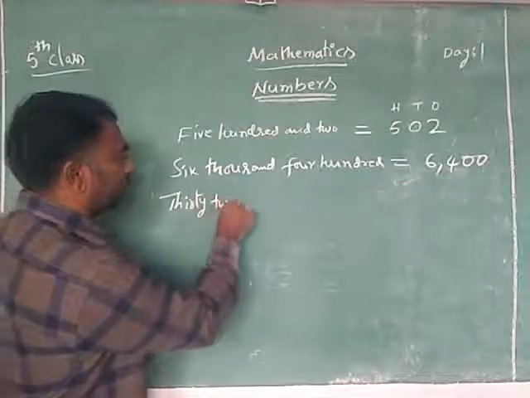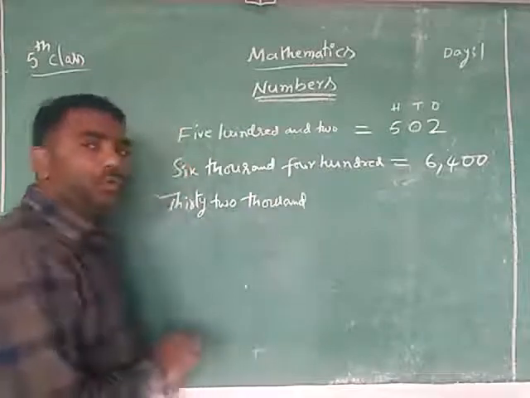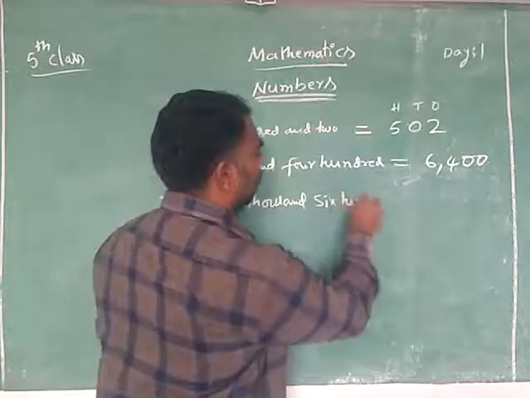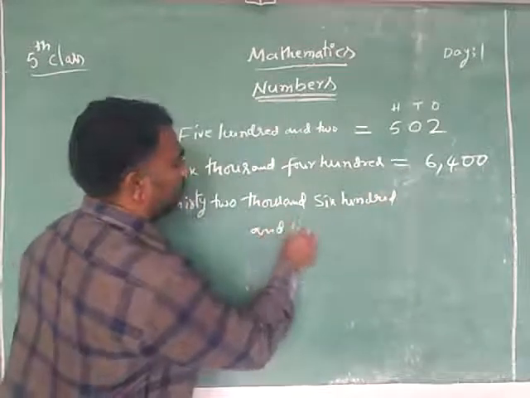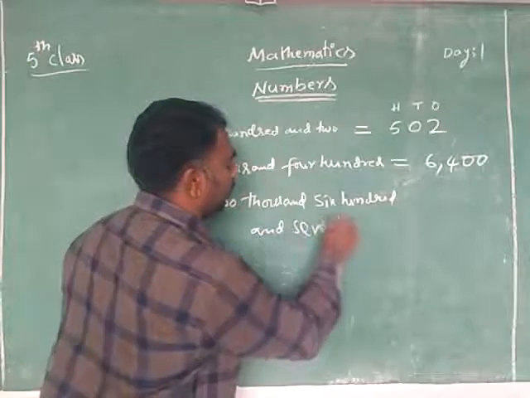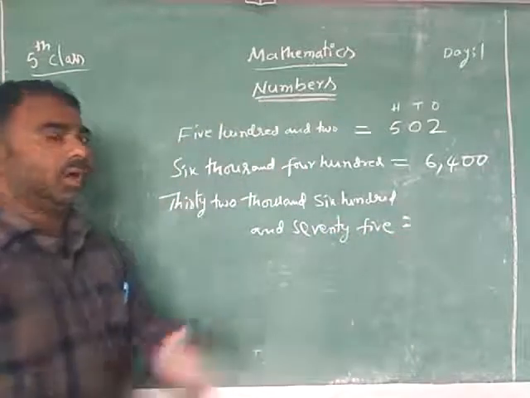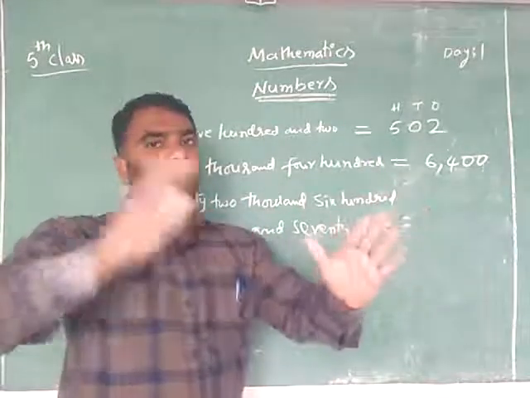32,675. If I am reading it in words, you have to write the number. Easy. What I said to you: separate the thousands and hundreds.